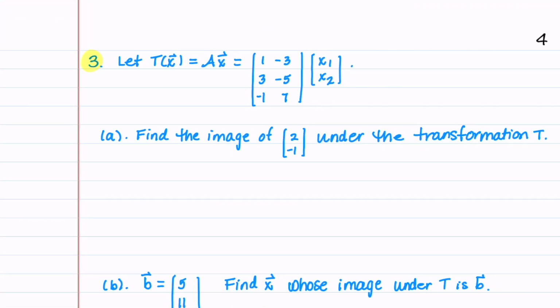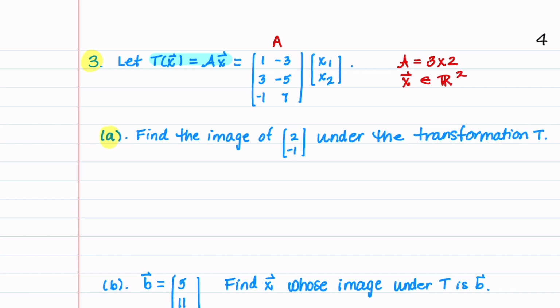Our third example has 3 parts, and it's based on our transformation T of x is equal to Ax, where A is this matrix. Before we begin, let's notice that A is a 3 by 2 matrix, and x is an element of R2.